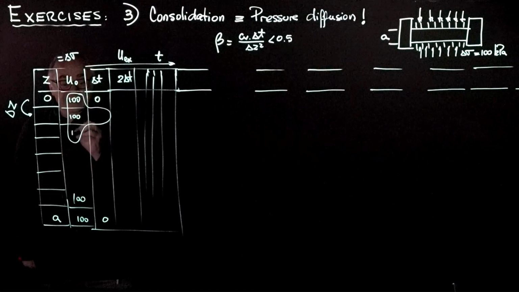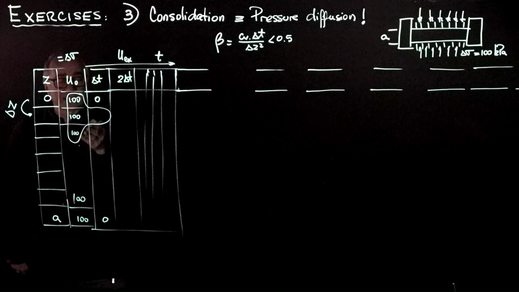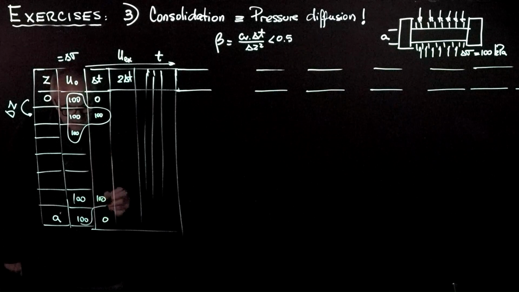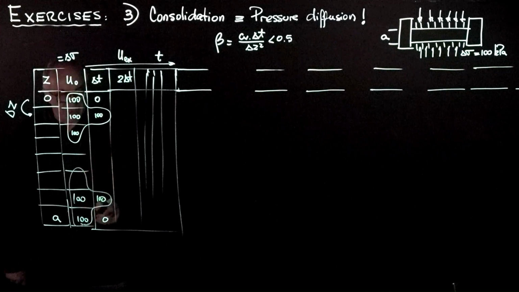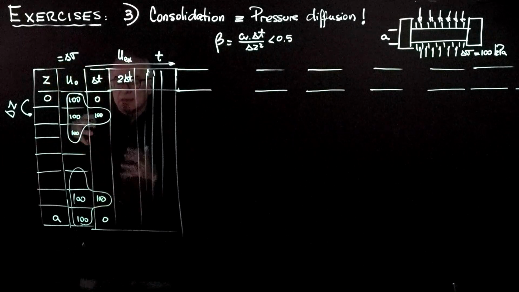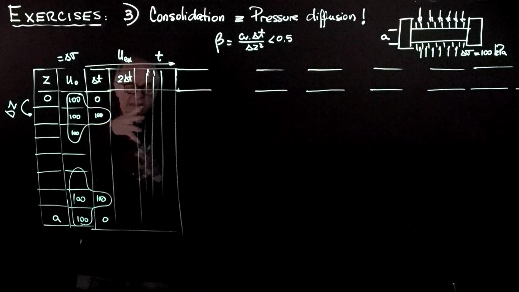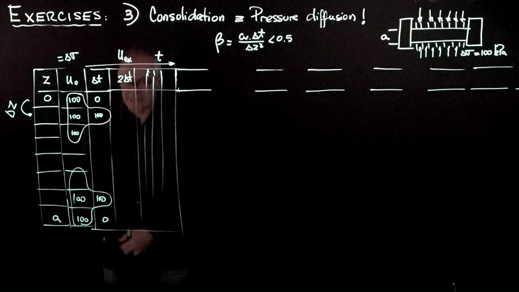And you realize that this is also going to be 100 because nothing has dissipated. And so the above, the below, minus twice the center is going to be 0, plus the center, this is still going to be 100, and the same will happen with this value here. So in other words, there has been only dissipation on the boundaries that we have drained right away. But as time passes by, the kernel is going to begin propagating the diffusion front further and further in until all the excess pore pressure has dissipated.